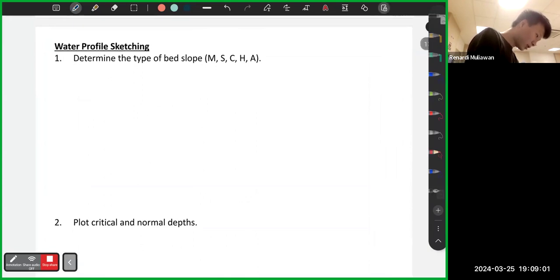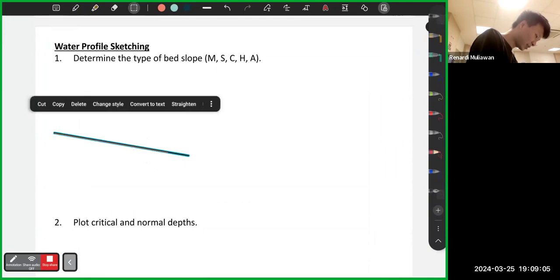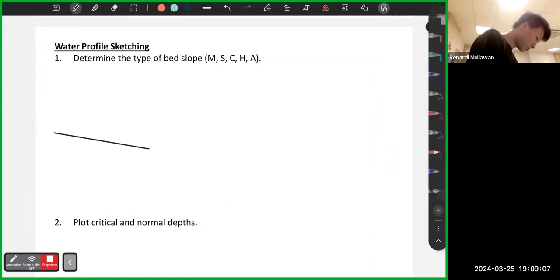Let's say you are given a river like this. This is the side view. When you want to start sketching the water profile, you must first determine what we call the bed slope.